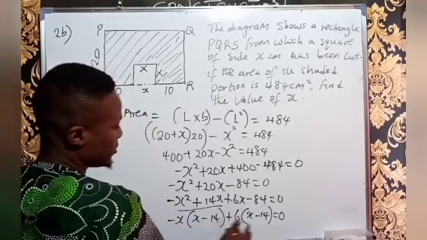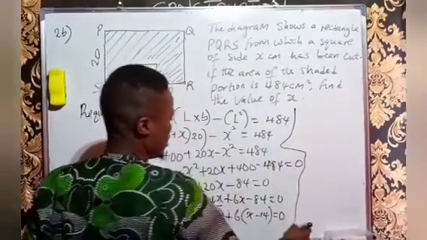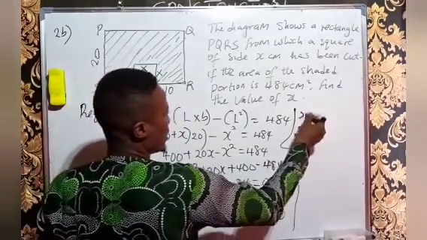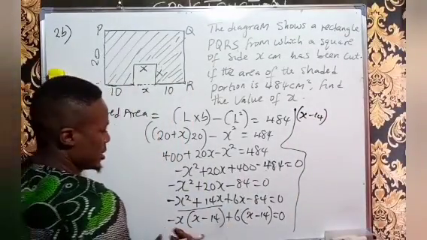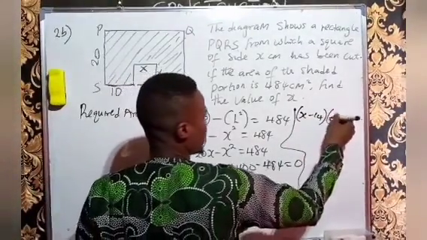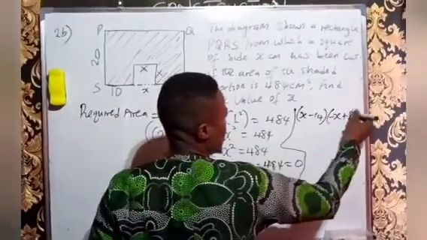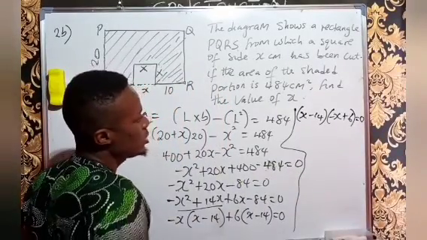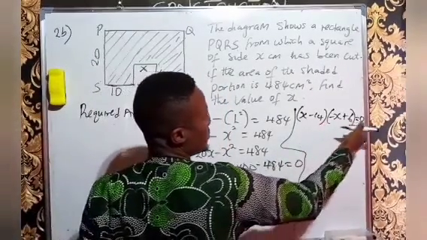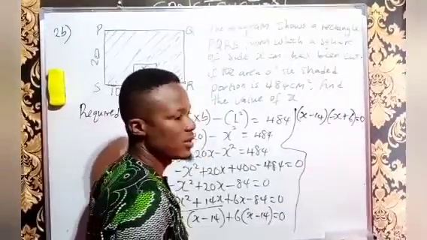Okay, now factorize. Since x minus 14 is common, we've got to factorize it out. So we have x minus 14. When I take away x minus 14 this side, I'm left with minus x plus 6 equals 0. Now, when two terms are multiplying each other to give 0, you suspect that either one of the terms is 0 or both of them are 0.